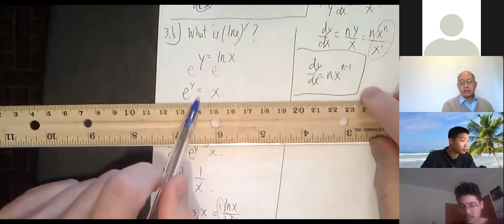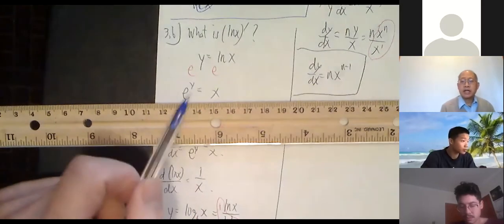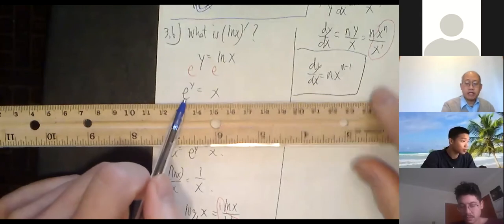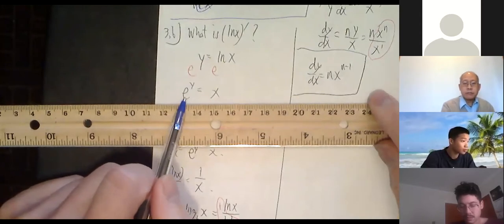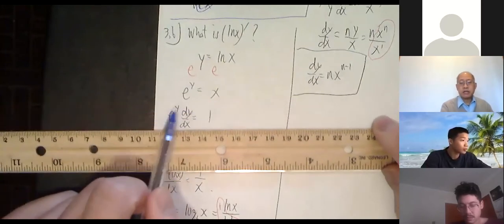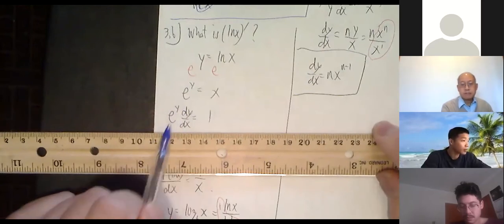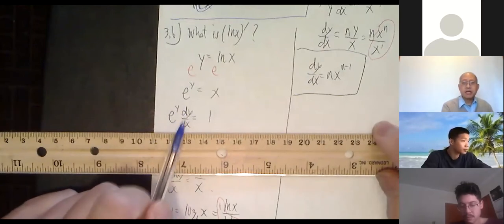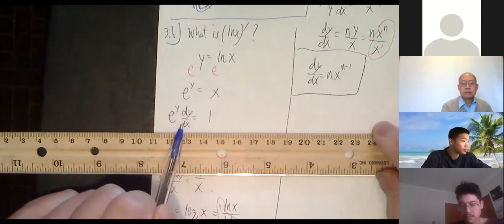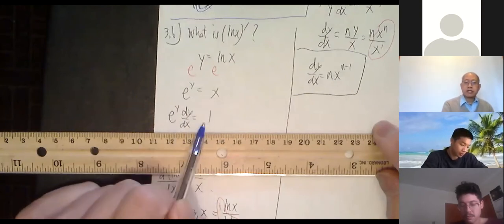And just like a trick I did a moment ago, I will now differentiate implicitly because I know how to differentiate e to the y. Okay, so implicit differentiation. What's the derivative of e to the y? E to the y times dy dx. Okay, and the derivative of the right side is 1.